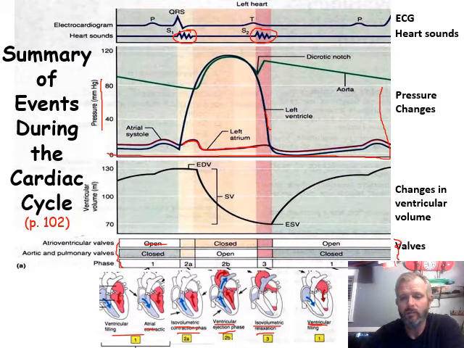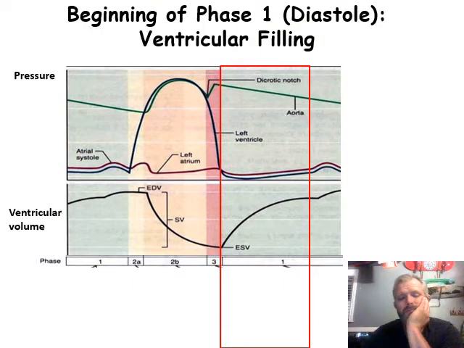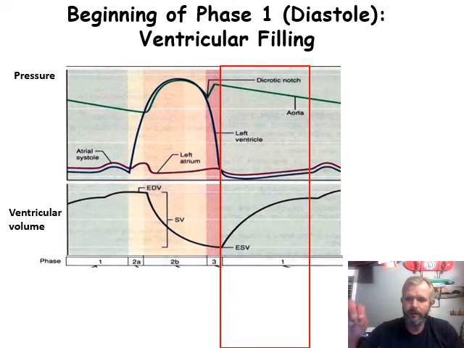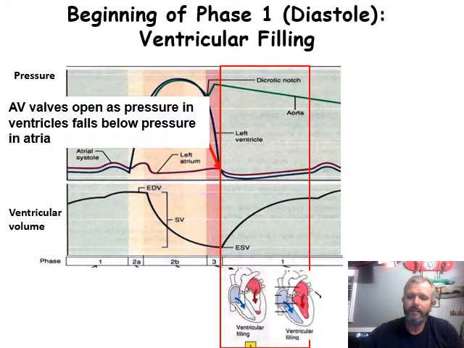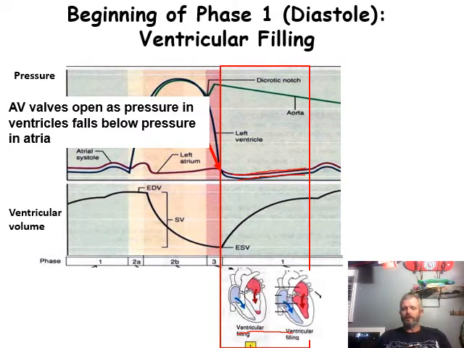So we're going to start in the first phase with ventricular filling. Just a reminder, blood is always going to move from an area of high pressure to an area of low pressure. In this ventricular filling phase, red is the atrium, blue is the ventricle, and you can see the pressure is low in both of those chambers.